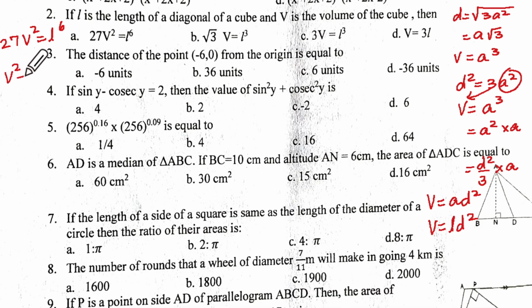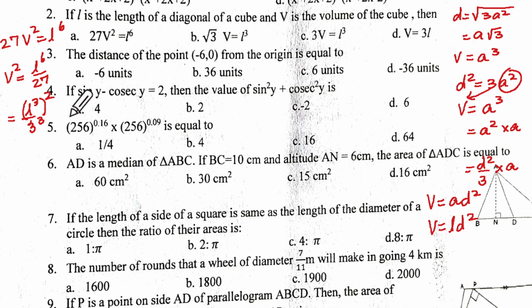That means V square is equal to L to the power 6 upon 27. What is L? This is L cube upon 3 square, that is 9. No, this is 3, L cube square and upon 3 cube this is.